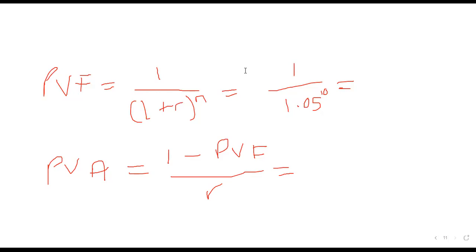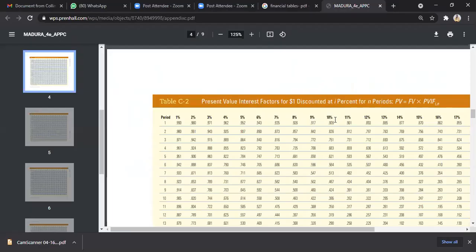What are you getting? 0.386. And what are we getting for the annuity? So you can confirm this by just going here under 10, then the periods.